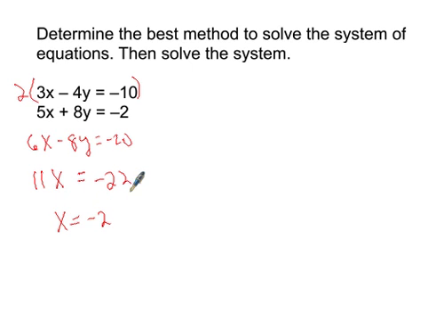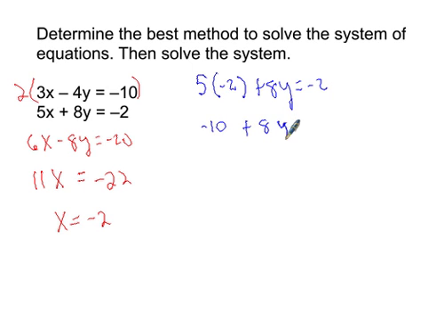So x is negative 2. Five times negative 2 plus 8y equals negative 2. Negative 10 plus 8y equals negative 2. Add 10, so 8y is 8. y is 1.